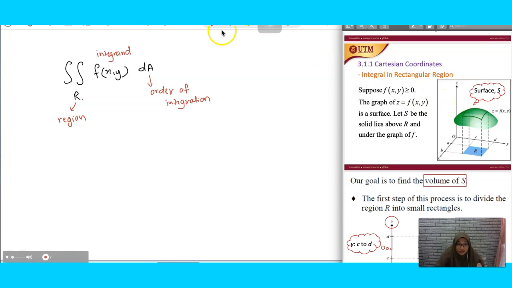Okay, so what is actually happening here? Where is your function? This is your f. In a more general way, we have a surface, this green surface.